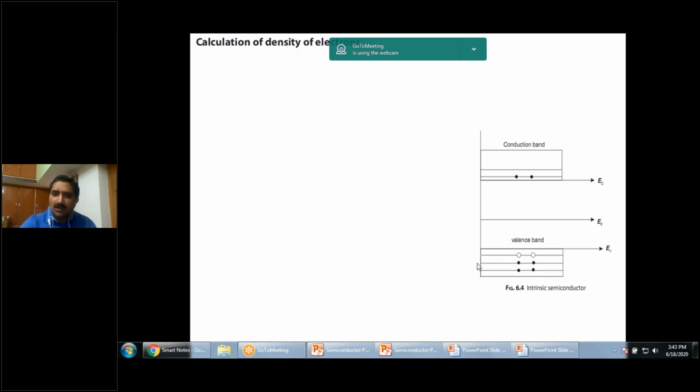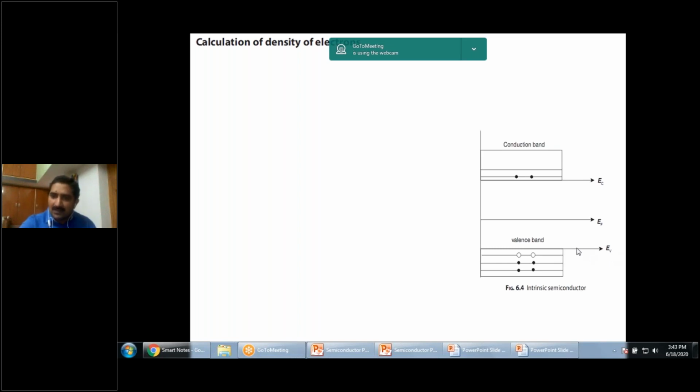When we give a small amount of energy to the intrinsic semiconductor, the bond breaks. Due to the breaking of the bond, the electrons move from the valency band to the conduction band, leaving empty sites, which are called holes. This is the topmost energy level of the valency band, called EV.